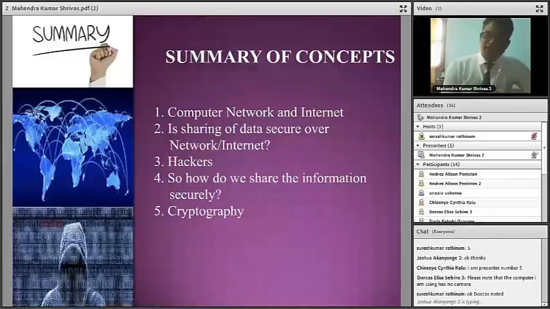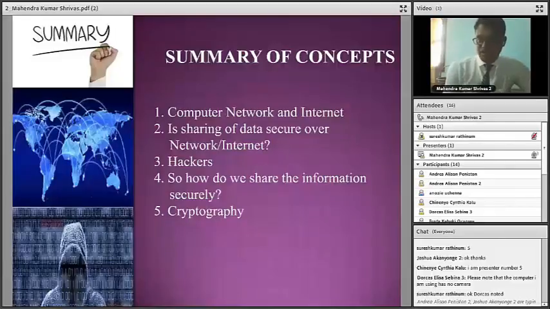So when we share the data, is it really secure? That is a major question in today's world and today's era. Definitely, it is not secure. There is a group of persons called hackers.